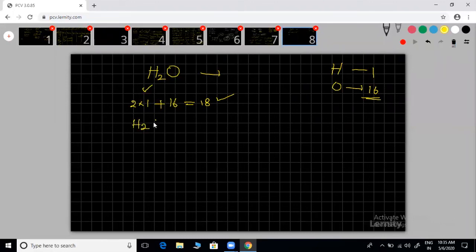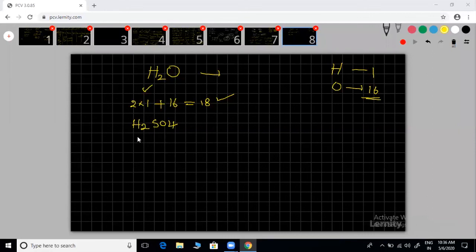H2SO4. Try. If possible, no need to mug up, but try to remember, because we frequently use this one. We can save our time when solving problems. Yeah, H2SO4, some people gave good answers. Even water anyway, most of the people gave very good answers. Good. Be like that only.